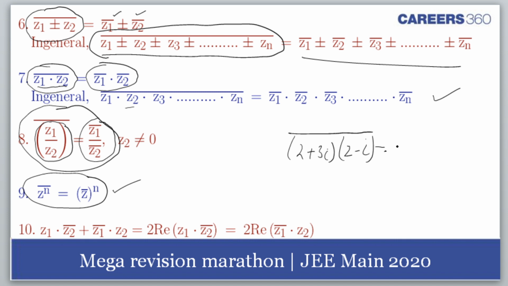So this is equal to, if you separately take the conjugate of 2 + 3i and the conjugate of 2 − i and then multiply, I can do it like that. So the conjugate of 2 + 3i would be 2 − 3i, and the conjugate of 2 − i would be 2 + i. So this would be equal to this.